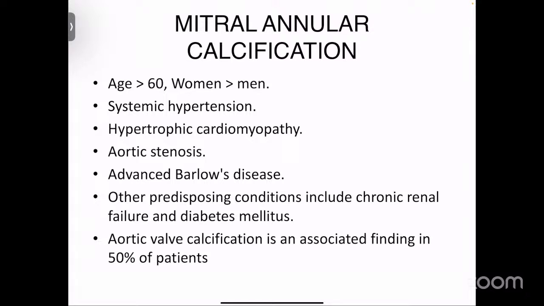The pathogenesis of this disease is not known, but it appears, from theory, to be a stress-induced phenomenon associated with systemic hypertension, hypertrophic cardiomyopathy, aortic stenosis, and occasionally advanced Barlow's disease.